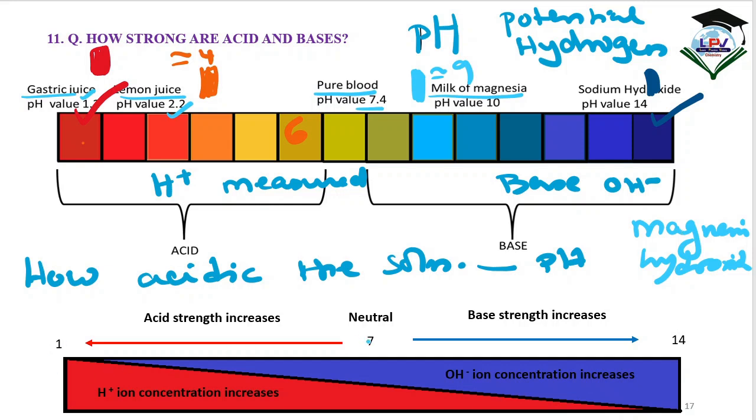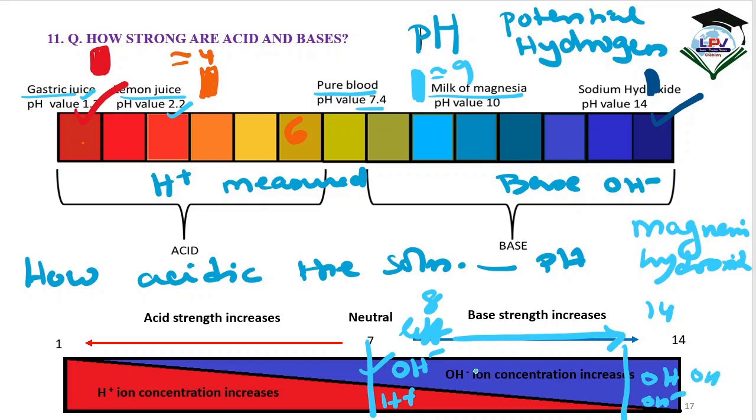Now you take a neutral. The neutral will have an equal number of OH minus and H plus ions. As you move from 8 to 14, you will find that the pH increases. The concentration of OH minus at 13 to 14 is more compared to 8. Here your OH minus ion gradually increases.